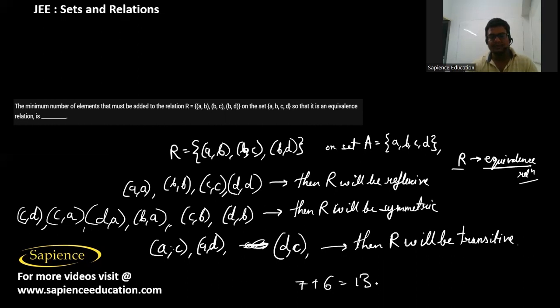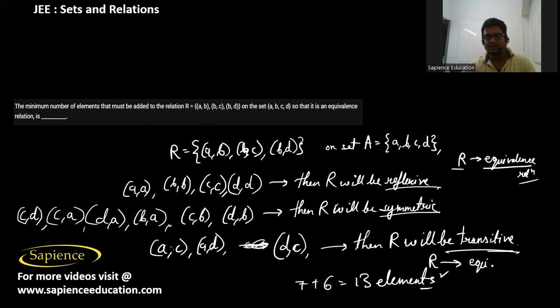So 13 elements we have to add in order to make the relation R an equivalence relation. Then only it will be reflexive, symmetric, and transitive. So 13 is the answer.